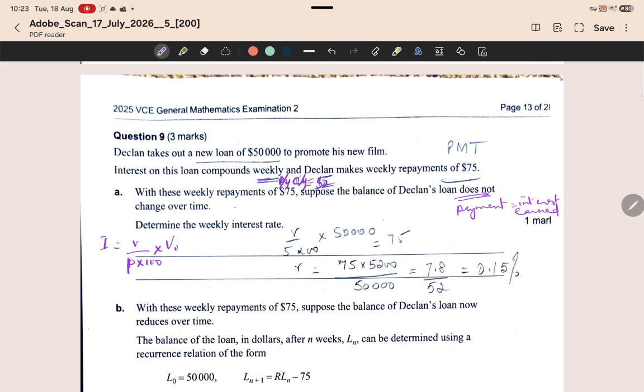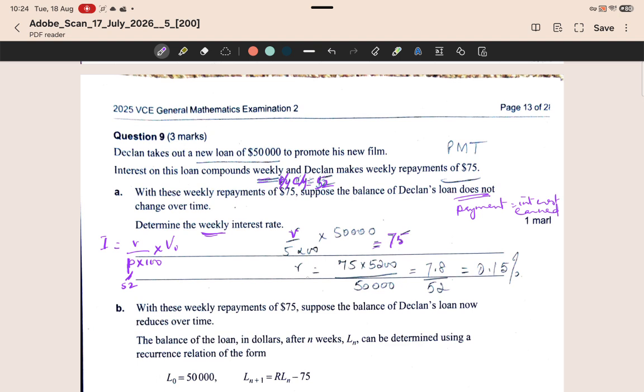And so here, they've asked you the weekly interest rate, but what I'm calculating with this formula is R over 5200, where P is 52 times 50,000, because that's the value of his loan, B naught, and that helps you calculate the interest, which is what he repays per week.